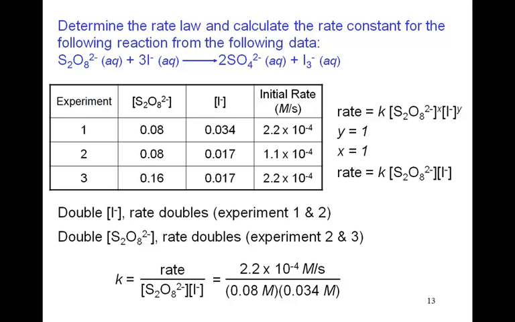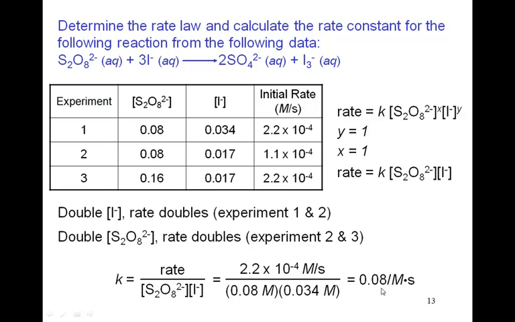So apparently they used the first experiment, because the rate is 2.2 times 10 to the negative fourth moles per liter every second, the I minus concentration is 0.034, and the S2O8 negative concentration is written in here. So when we do the math, we get 0.081. Now, in order to get the units, the molarity cancels with one of the molarities on the bottom, and we have molarity on the bottom and seconds on the bottom.